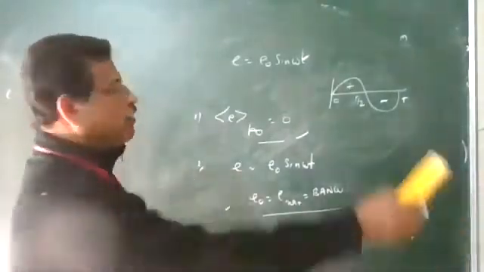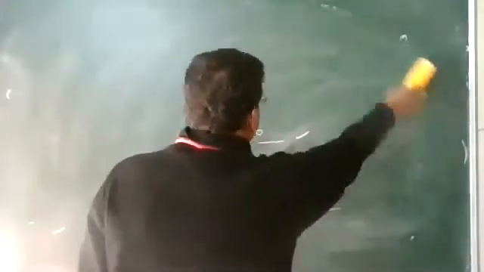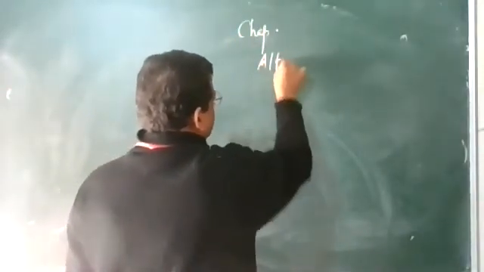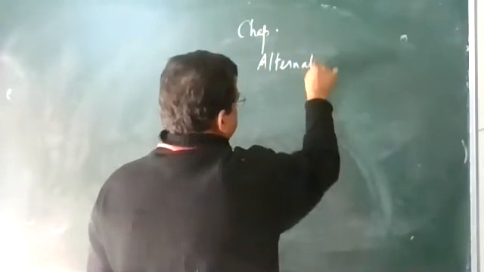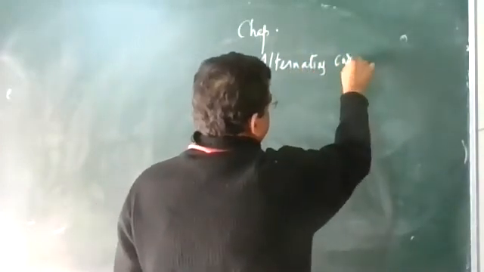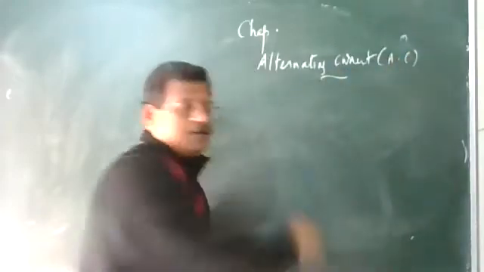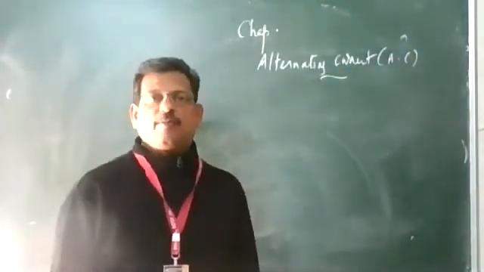The AC generator gives alternating EMF. Next chapter is alternating current. EMI and AC is a combination chapter.